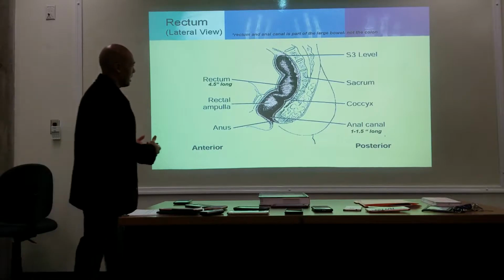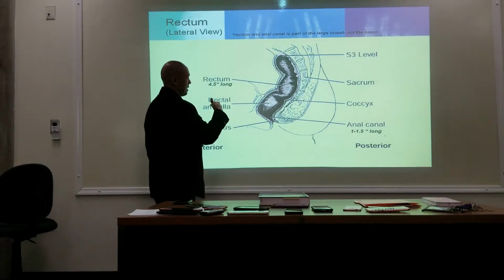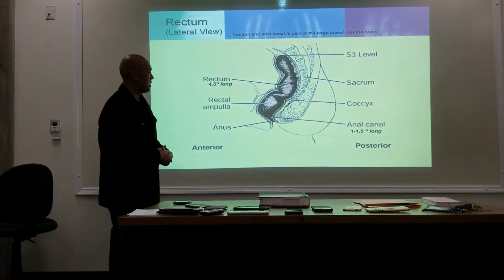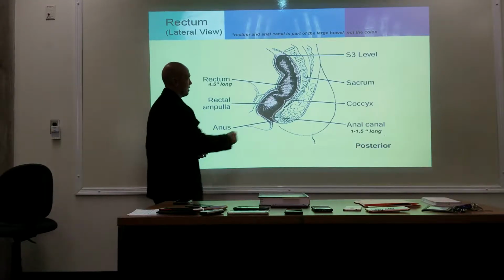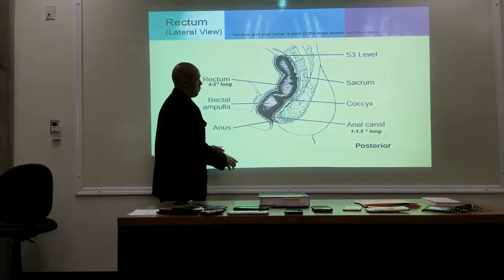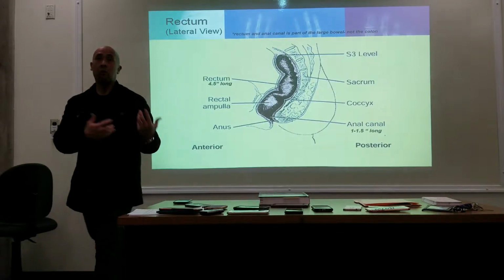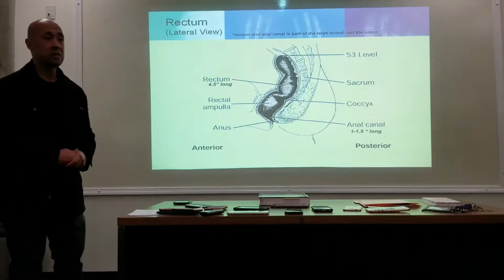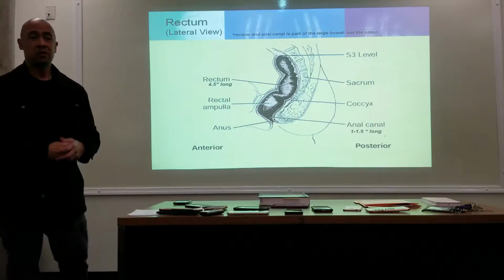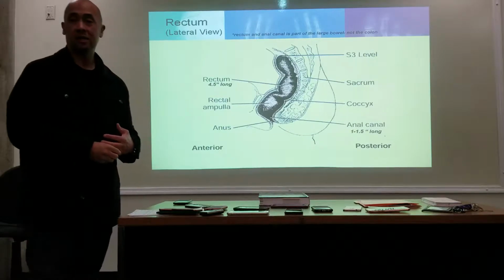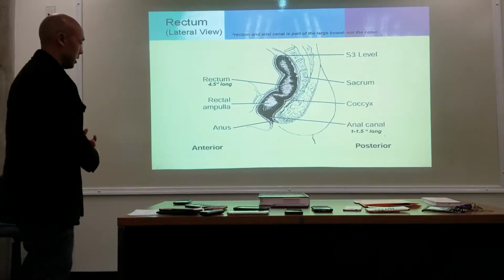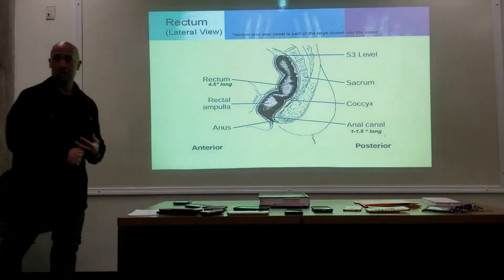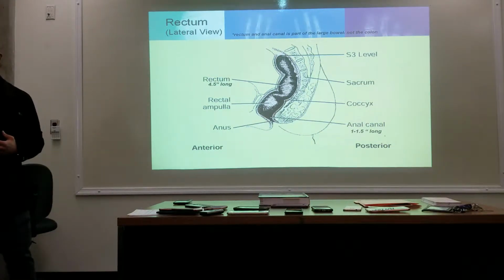And keep in mind, when we are looking at the lateral view of the rectum, it has a funny shape to it, which is important to understand when inserting the enema tip. There is a proper way in which you insert the enema tip without causing damage to the mucosal lining. We'll talk about that in just a little bit.